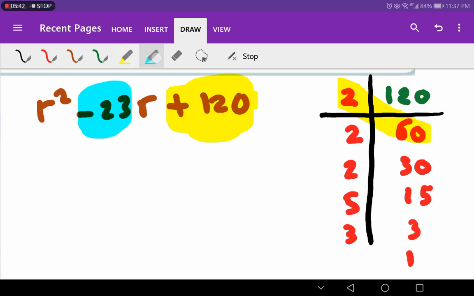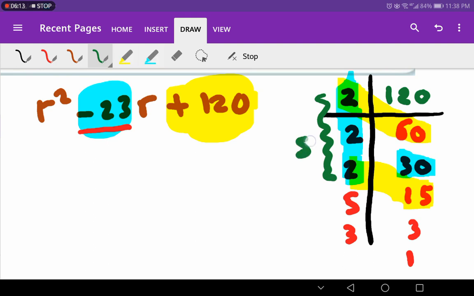But if you try here 30 and 4, 30 plus 4 equal 34, 30 minus 4 equal 26, so I cannot get the negative 23, yes? So I move here and try 15 multiply by 8, because the factors here 2 multiply 2 multiply 2, which is 8. 15 multiply 8 equal 120.